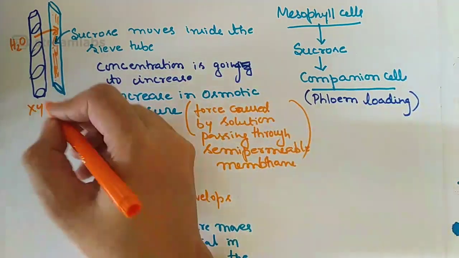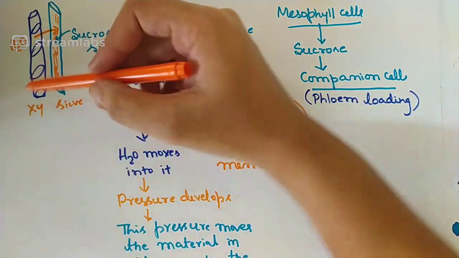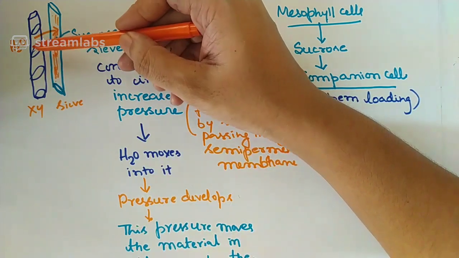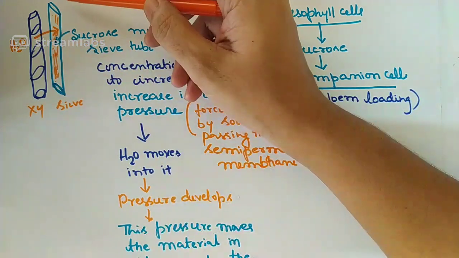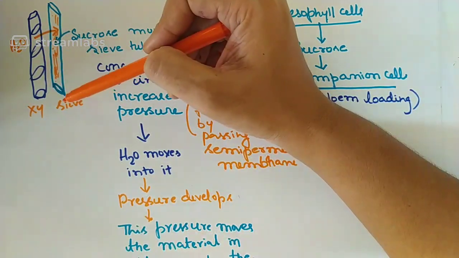This is xylem, this is sieve tube. So, what is moving here? Water. So, water from the xylem is drawn into, it is absorbed by the sieve tube. When water enters into the sieve tube, what happens, students?